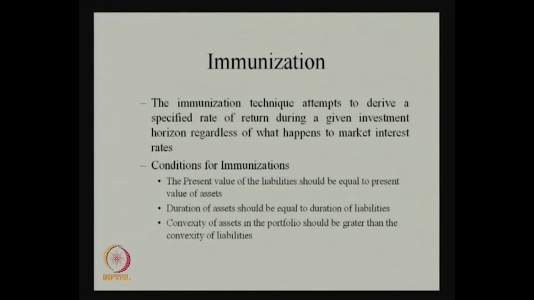There are certain conditions for the immunization strategy to work: the present value of the liabilities should be equal to the present value of the assets of this investor. The duration of assets should be equal to the duration of liabilities, and the convexity of assets in the portfolio should be greater than the convexity of the liabilities. These three conditions should be satisfied if immunization is used to minimize interest rate risk in the market.